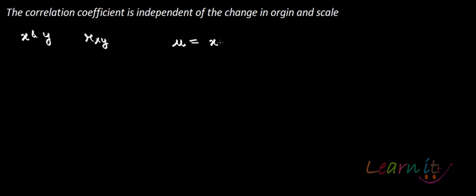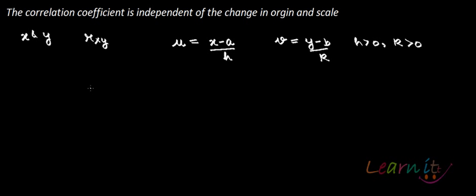So what we have done is, this is the new variate corresponding to change of origin and scale. Similarly for y we define v, the change of origin and scale. Of course assuming h is greater than 0 and k is also greater than 0.